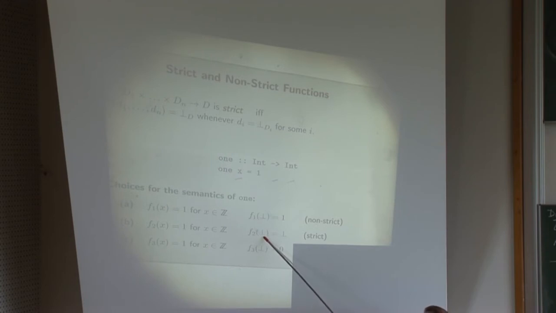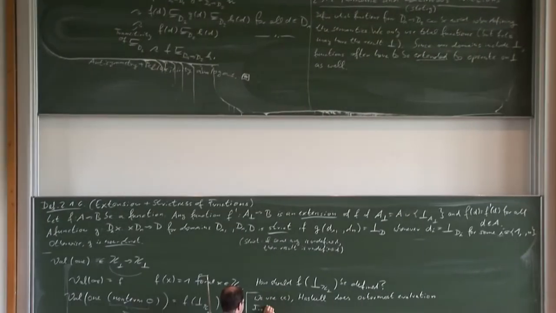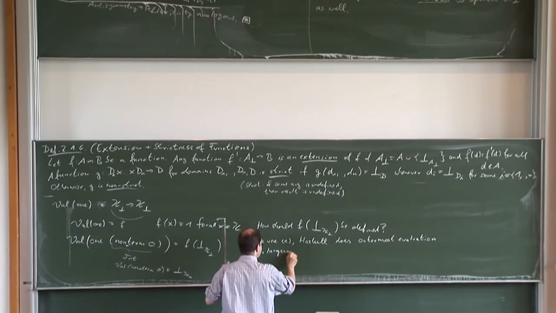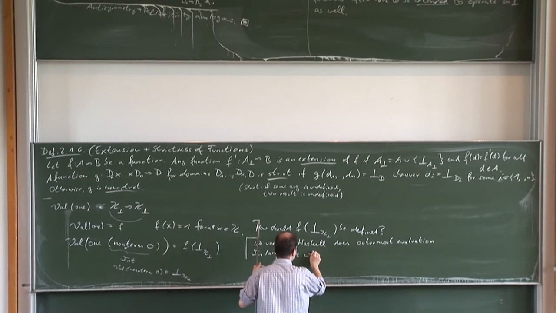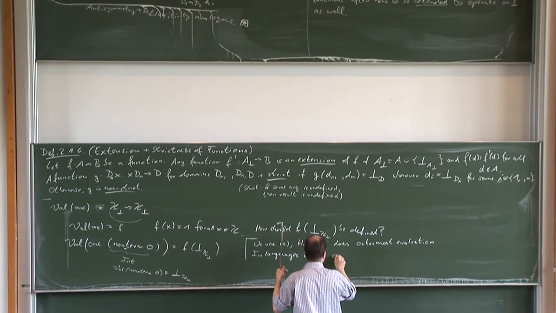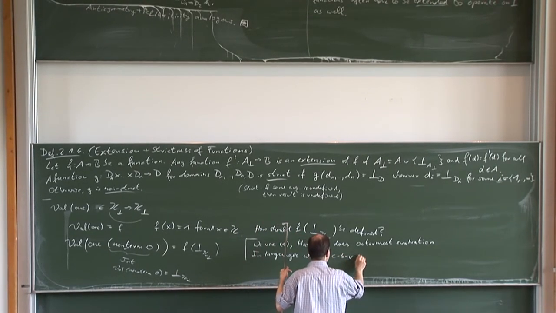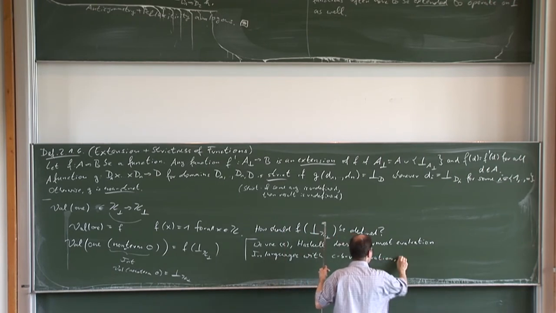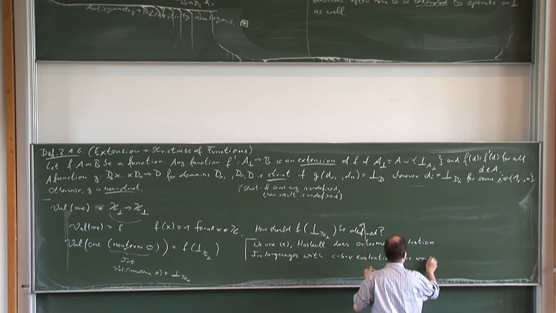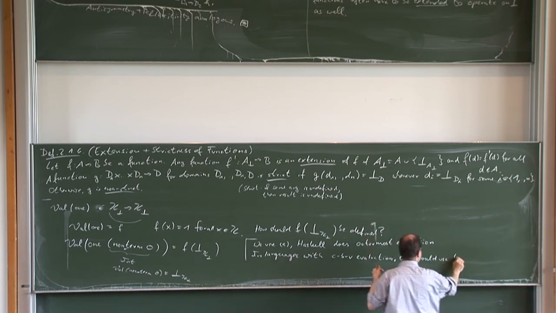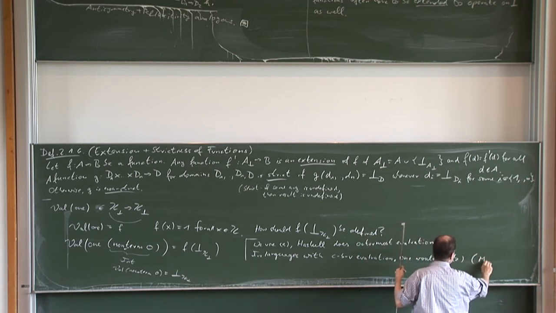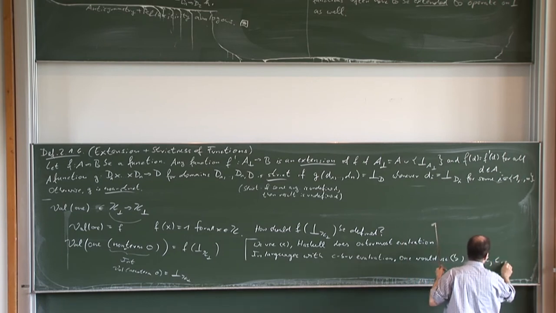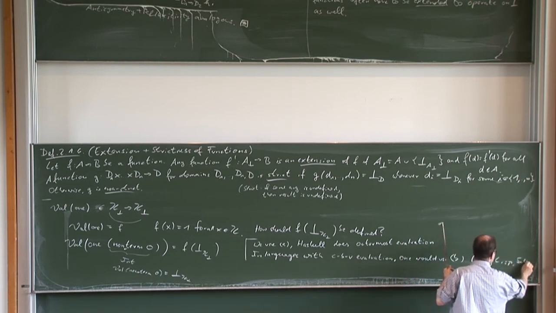As soon as some argument is undefined, the result is undefined. So in programming languages with call by value evaluation or innermost evaluation, one would use B. And examples for this would be functional languages like ML or Lisp or Scheme.